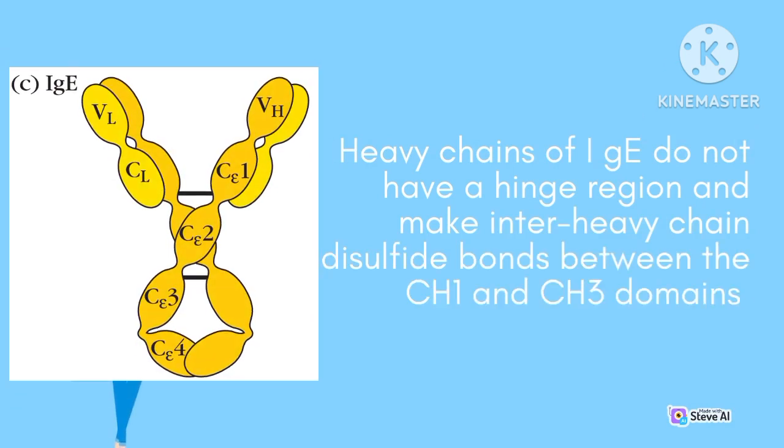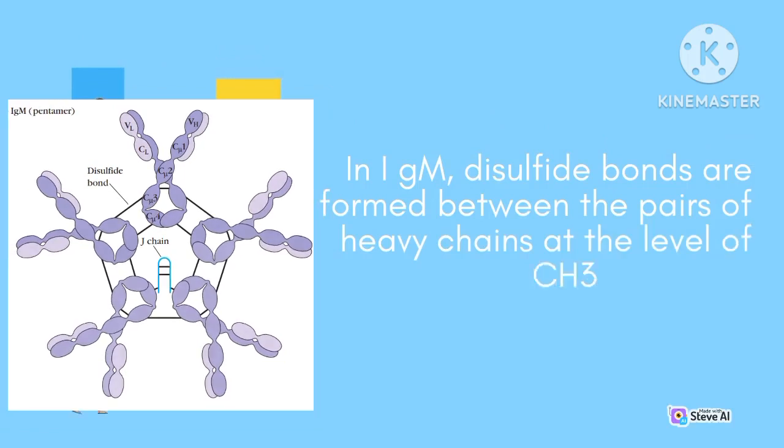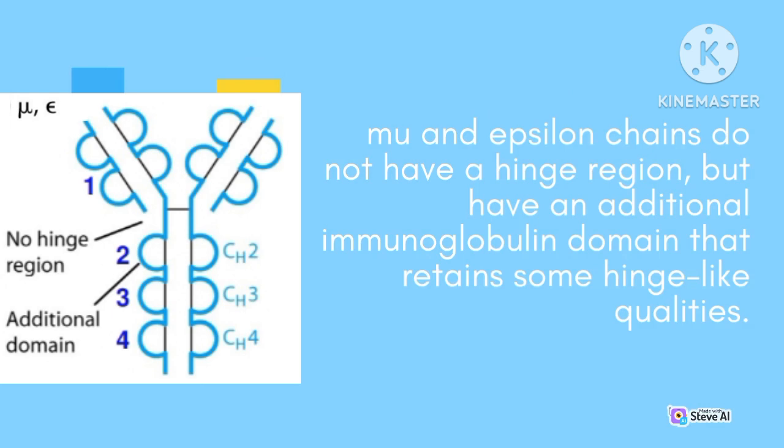Heavy chains of IgE do not have a hinge region and may form inter heavy chain disulfide bonds between the CH1 and CH3 domains. In IgM, disulfide bonds are formed between the pairs of heavy chains at the level of CH3 and CH4. Mu and epsilon chains do not have a hinge region, but have an additional immunoglobulin domain that retains some hinge-like qualities.